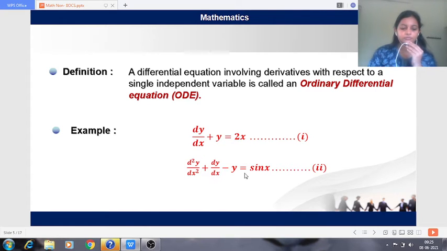Now the question is, why do we study ordinary differential equations? Ordinary differential equations have important applications, and they are a powerful tool in the study of many problems in the natural sciences and in technology.